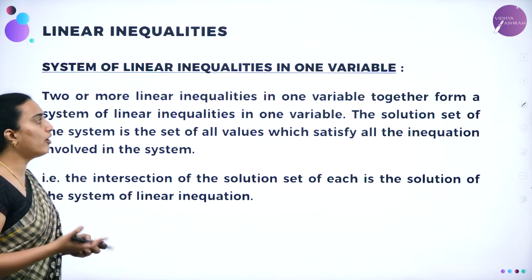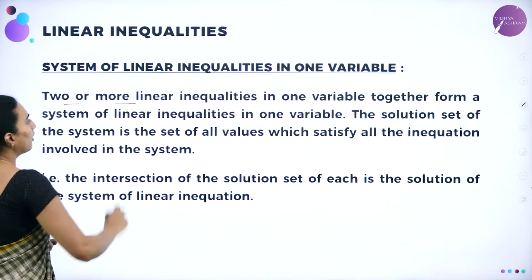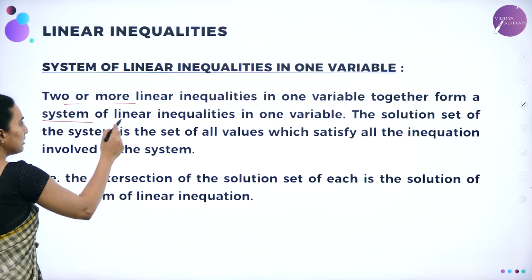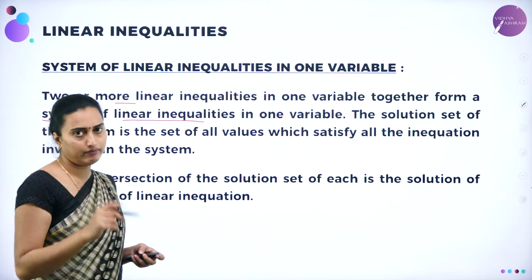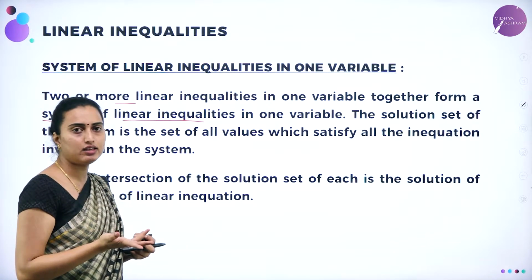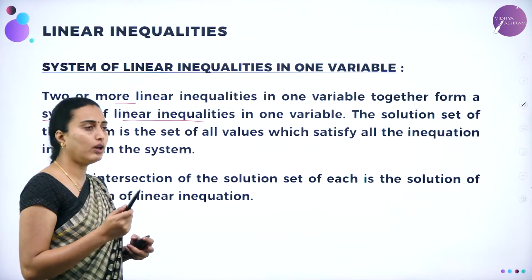Now, system of inequalities in one variable. Two or more linear inequalities in one variable together form a system of linear inequalities in one variable. Ax plus b lesser than 0, ax minus b greater than 0: two or more inequalities form inequations in one variable.